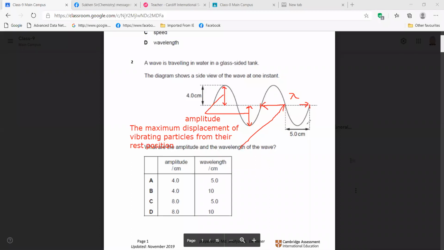Only the trough is shown as 5 centimeter for the distance traveled, so the distance traveled for the crest is also 5 centimeter. That's why it is 5 centimeter plus 5 centimeter, 10 centimeter. Wavelength is 10. So our answer is B. I think after this explanation, you can answer any of the questions regarding wavelength. Do you agree?